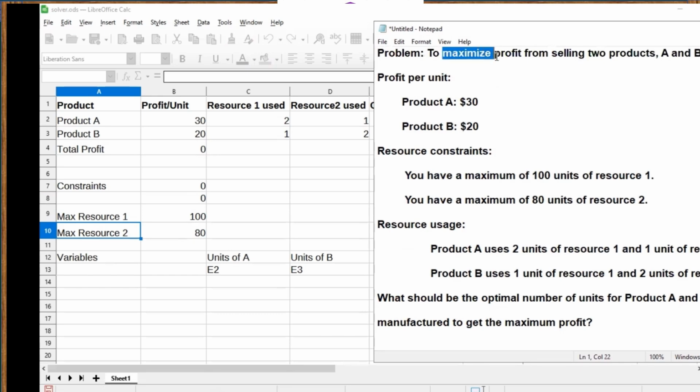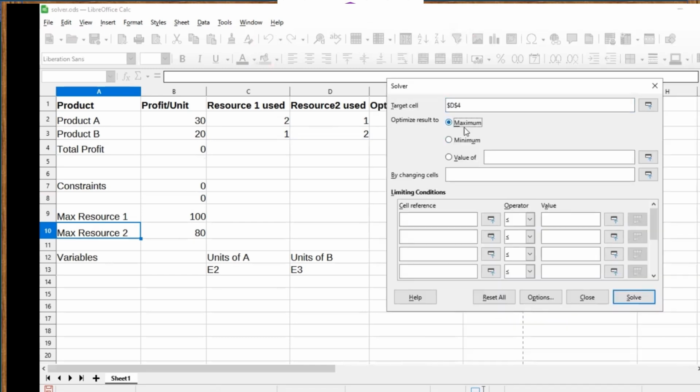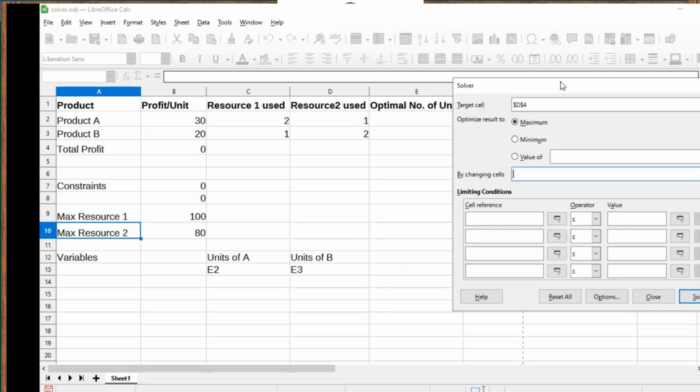Recall, our aim is to maximize the profit, so let's select the Maximize option. By changing cells, select E2, E3, units of A and B.